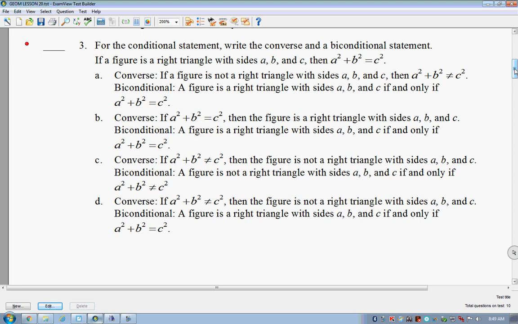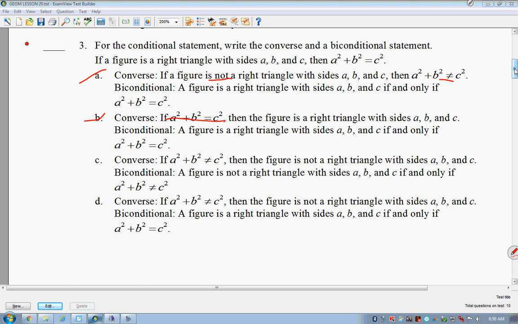So it's not A, because we see not showing up there. We're not going to say it's B because we see A squared plus B squared show up at the beginning, right? It's not flipped. Because for a converse we need a flip, so we know it's not A, we know it's not B. Well, let's look at C.